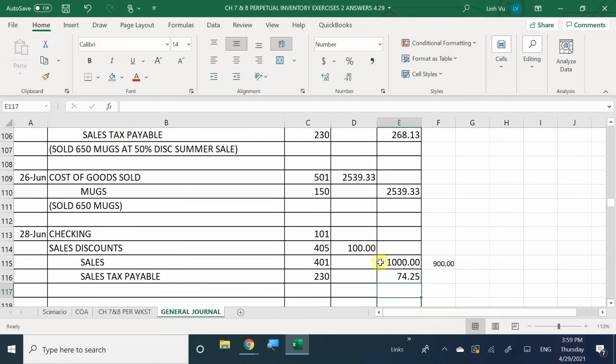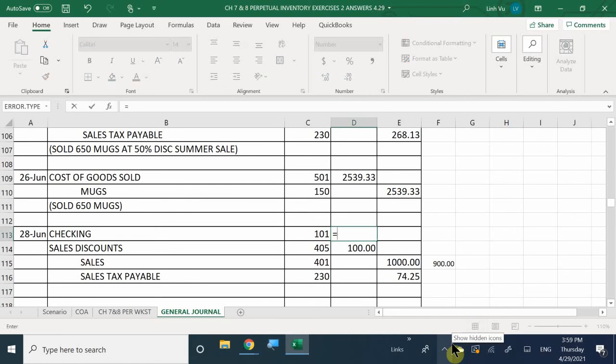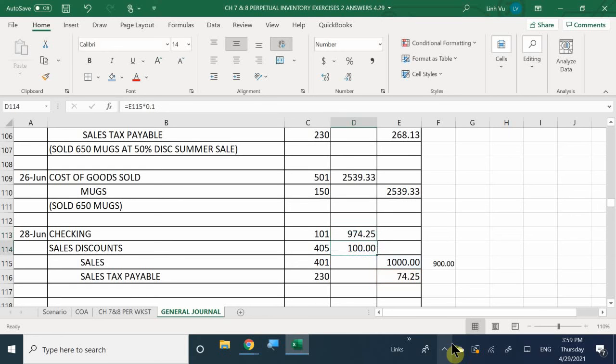Good. And so how much money should be wired to my bank account? 974.25. Yes, because 900 plus the $74.25. So that's directly going into my bank account.